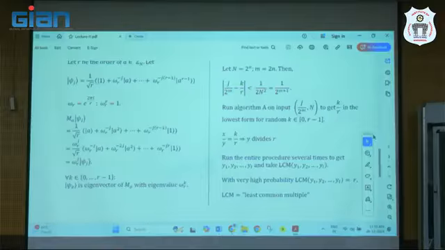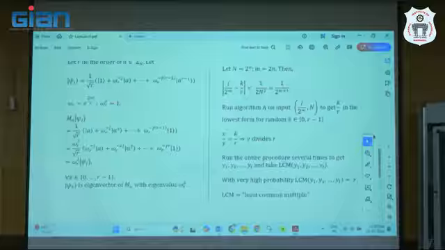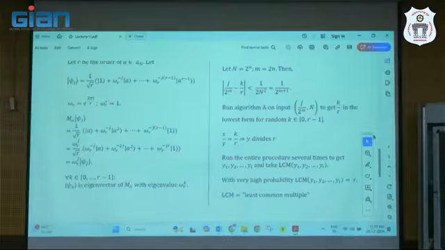So, what are we going to do? We are going to run the continued fraction algorithm on what input? j over 2 to the m comma n. Remember, we obtained j from the phase estimation algorithm, correct? We know m anyway. So, j over 2 to the m comma n, capital N also we know. We run the continued fraction algorithm on this, correct? So, what happens?